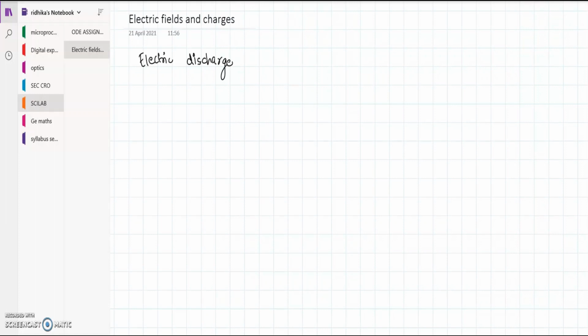So discharge is something like releasing or transmission of charges through a conductor.